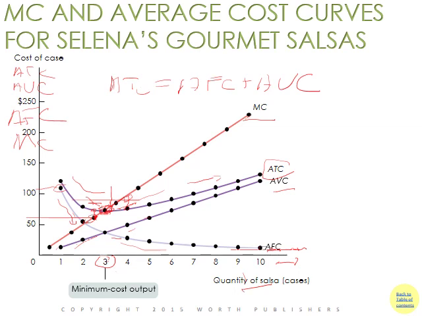If marginal cost is below average total cost, it's going to be bringing the average down. So intuitively, you can argue that the minimum point on your U-shaped average total cost curve is going to be where marginal cost intersects the average total cost.